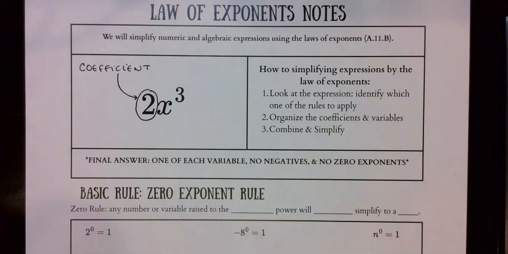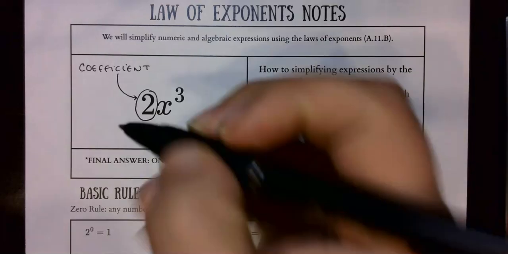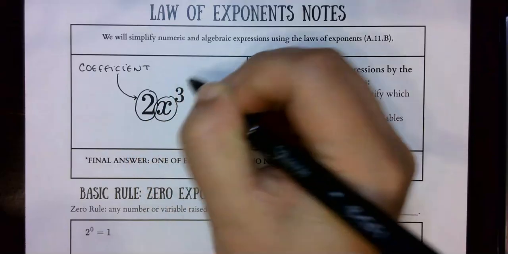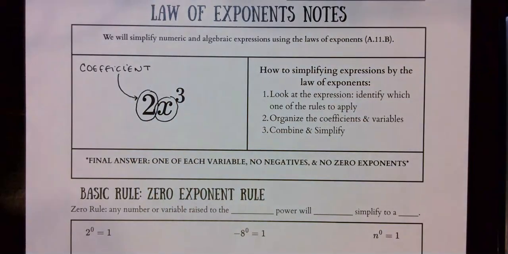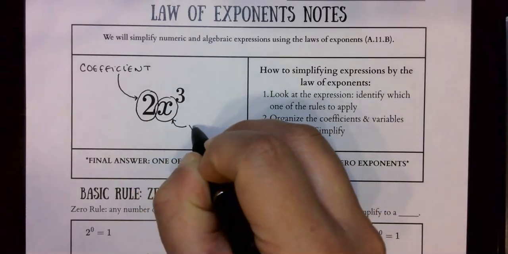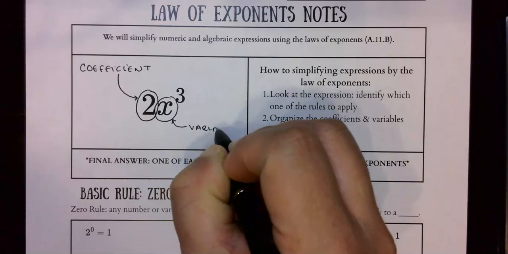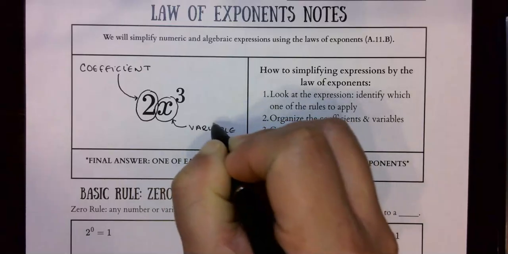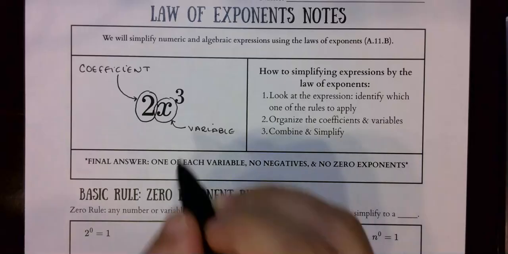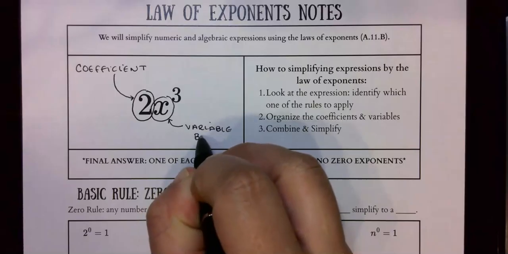Okay, and then we have this x. So I'm going to ask you to circle the x, and even though the x is not a number like the number 2, it is considered a variable. So I'm going to go ahead and write variable right here. But because the variable is the one that has the exponent attached to it, we're also going to call this a base.